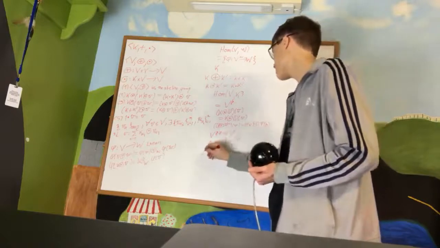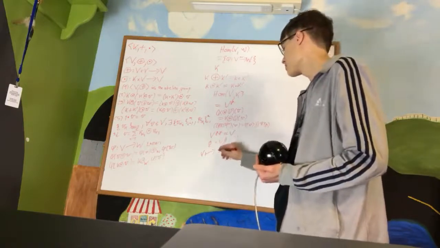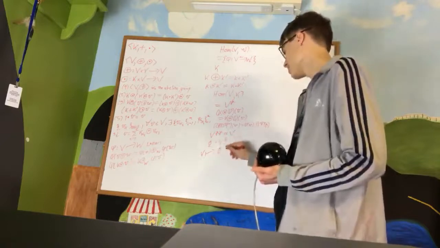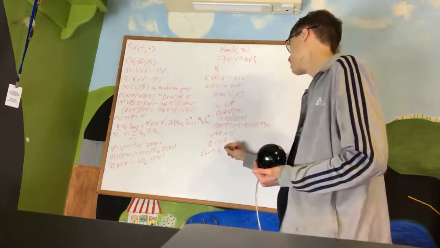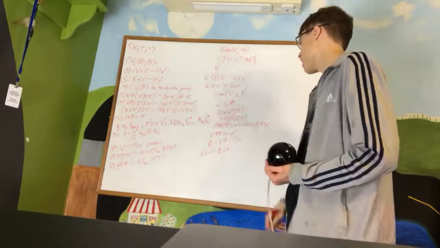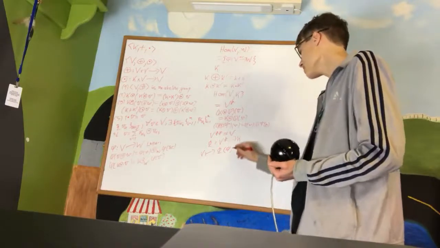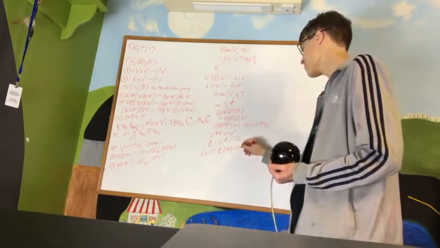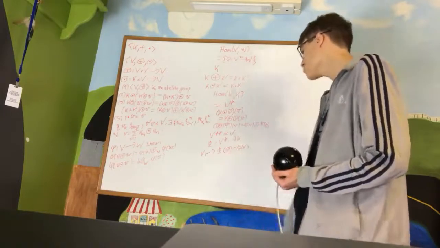So for every vector V, I'll send this to the map defined by applying it to some covector, to some element of the dual vector space, phi, and I'll define that to be just phi of V. So this defines a new map.